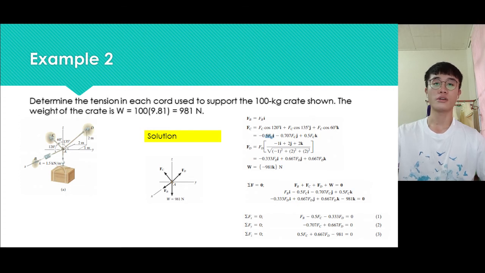Since the system is already in equilibrium, the equations of equilibrium will be used. The net force is equal to 0. Also, the summation of all the force vectors will be equal to 0. So with respect to the I, J and K components, this allows us to yield equations 1, 2 and 3.